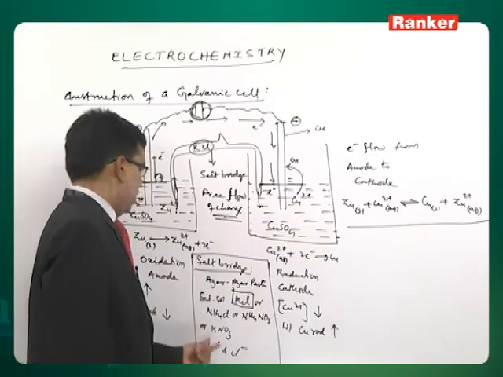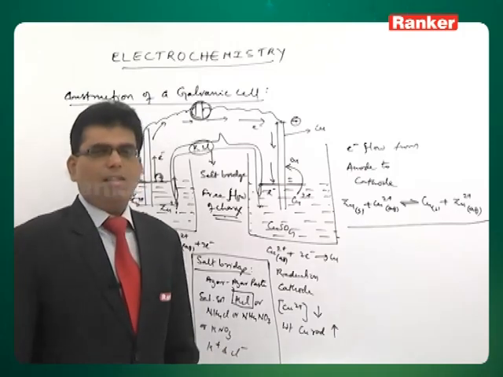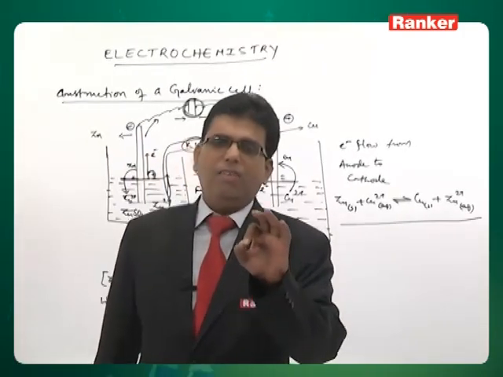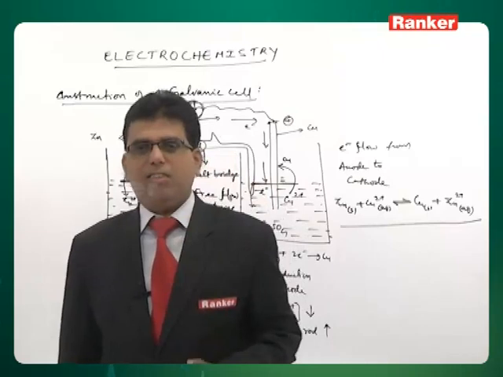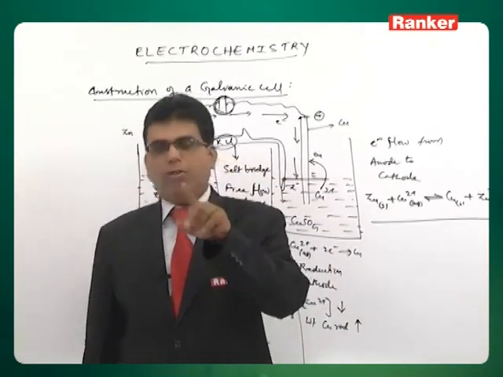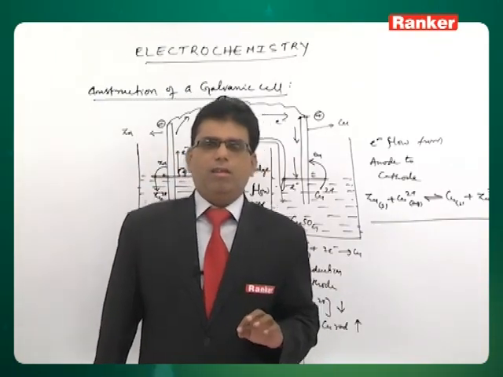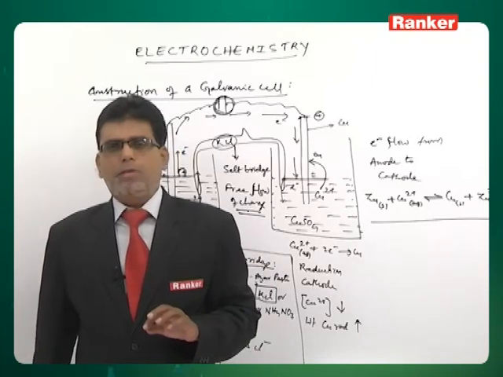If you take a salt like KCl, K plus and Cl minus both have identical charge density, being isoelectronic.